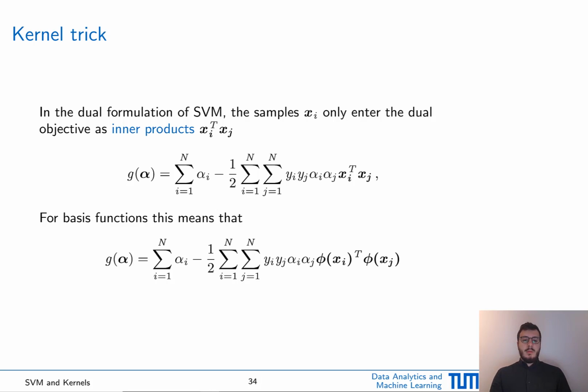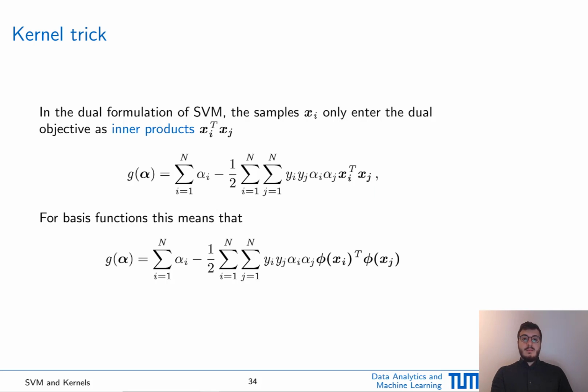Well, it's actually pretty simple. If you recall how the dual formulation looked, we were trying to maximize the dual function g of alpha, and the only place where the features xi and xj show up is in this part of the objective function. And the only way they show up is as the inner product, so we have xi transposed xj.